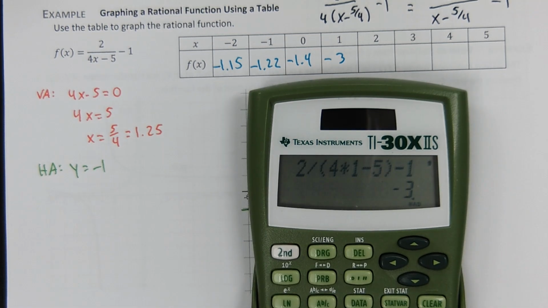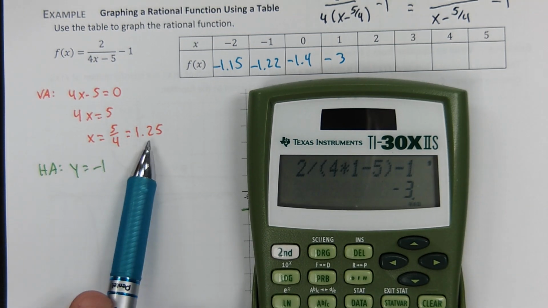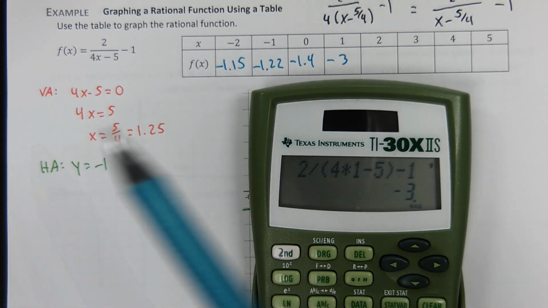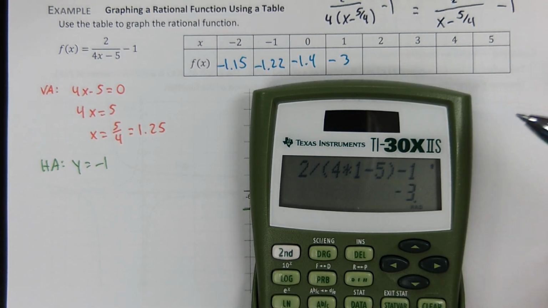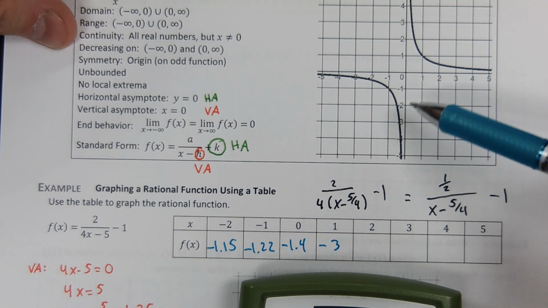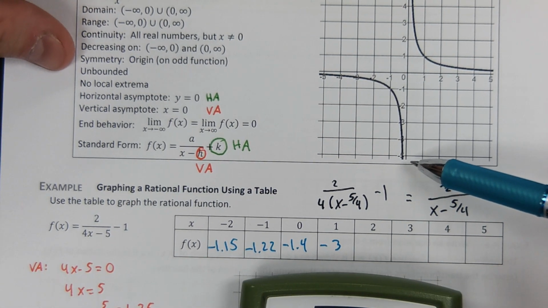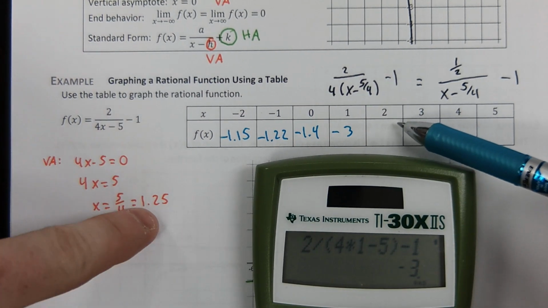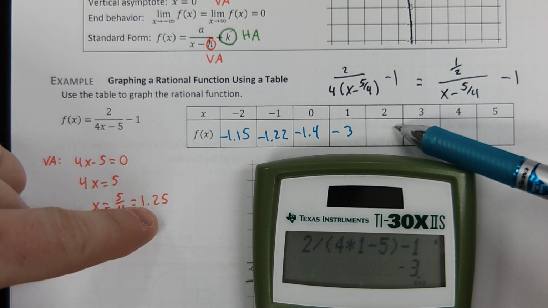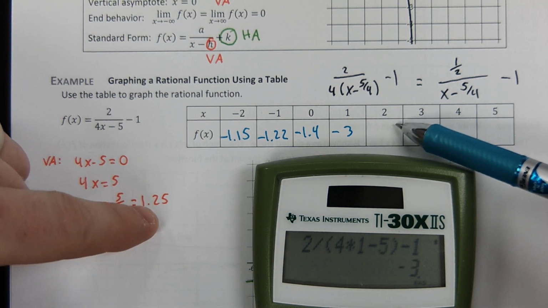It would appear as though, as I get closer to the value of x equals 1.25, my values are going down and down and down, which shouldn't be surprising because we have an always decreasing function. We're currently approaching our vertical asymptote, which is forcing us to shoot straight down. Now 2 is to the right of my vertical asymptote, so I should now have a y value that is bigger than what I've been getting.